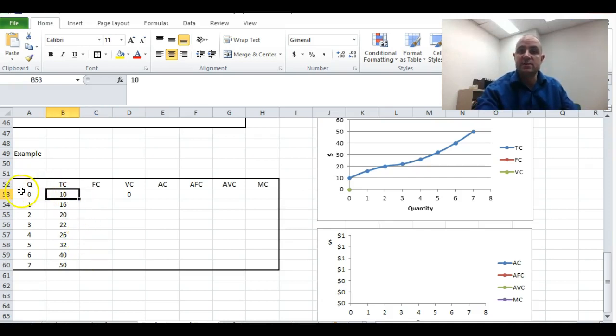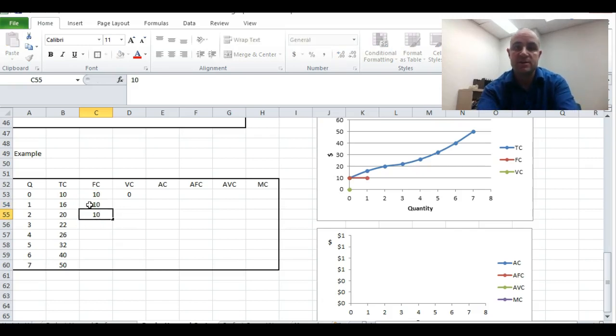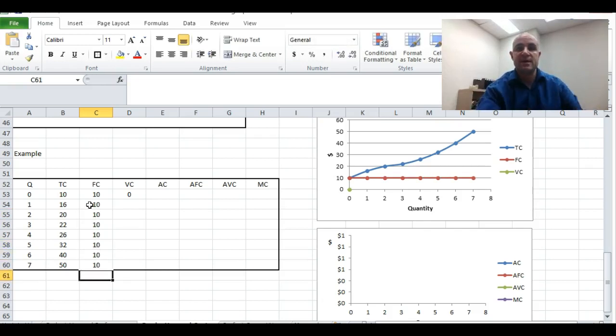When your quantity is zero, the only costs you have are your fixed costs. Now you also know that your fixed cost doesn't change, because it's fixed. No matter how much you produce, you have that same fixed cost.